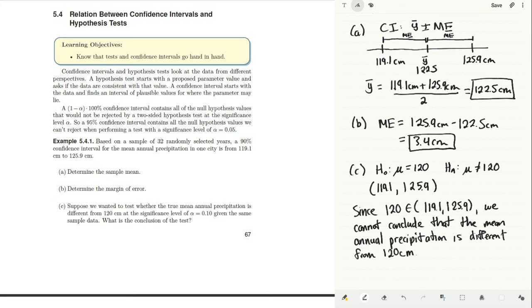And so without calculating the test statistic or the p-value, we can already conclude that we will fail to reject the null hypothesis.